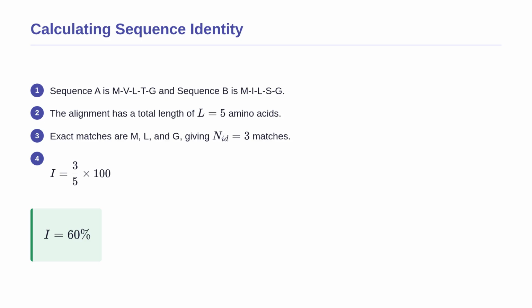Next, we count the exact letter-for-letter matches. We have M, L, and G matching exactly, giving us a numerator of 3. Dividing 3 by 5 gives 0.60. Multiplying by 100 gives us a final sequence identity of 60%. Physically, this means 60% of the sequence has remained completely unchanged.